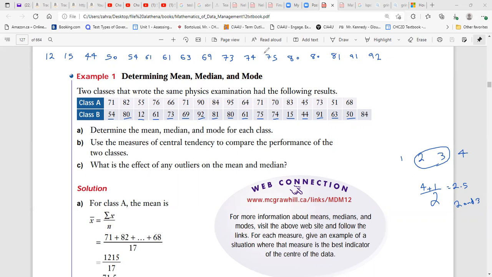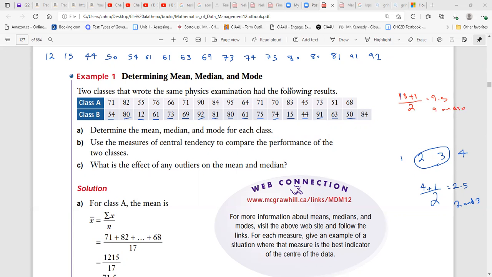So I'm gonna do the same thing here. I have 18 data, 18 plus 1 divided by 2. It's gonna be 9.5. 9.5 is between 9 and 10.